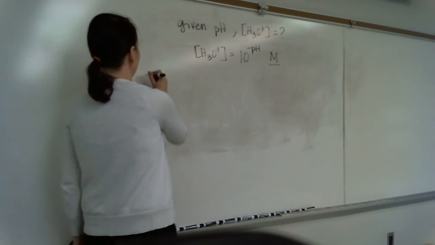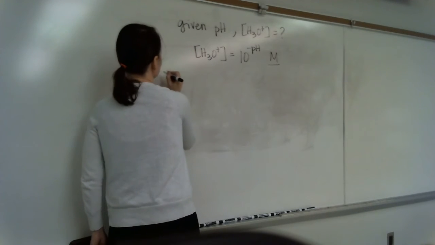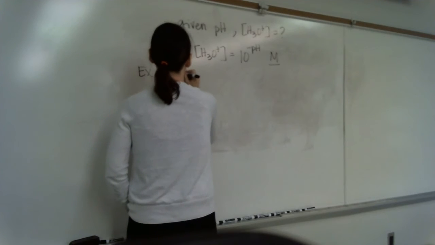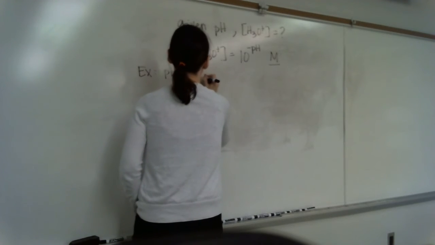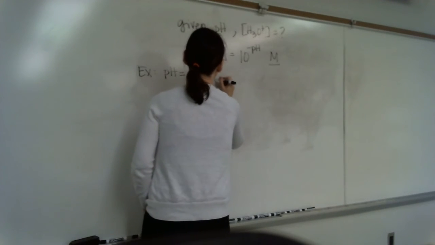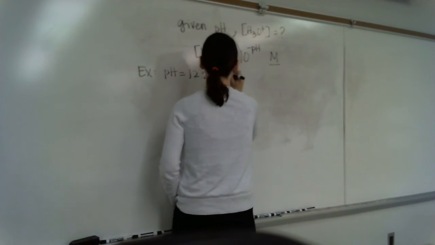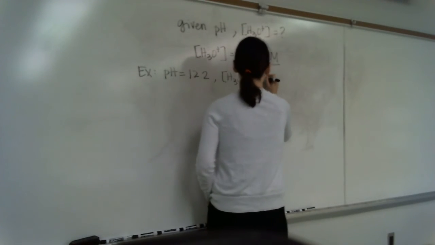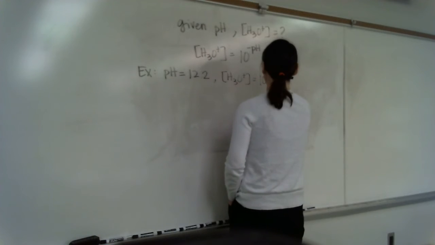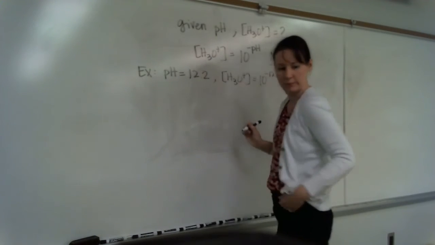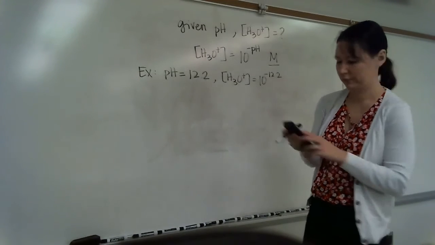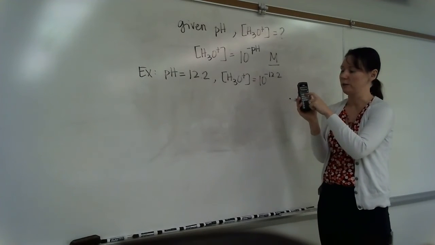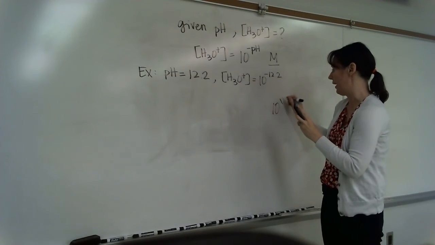So let's do some examples. The pH equals 12.2. H3O plus would just be 10 raised to the negative 12.2. So on my calculator, if I hit second log, there's a button that looks like 10 to the x.